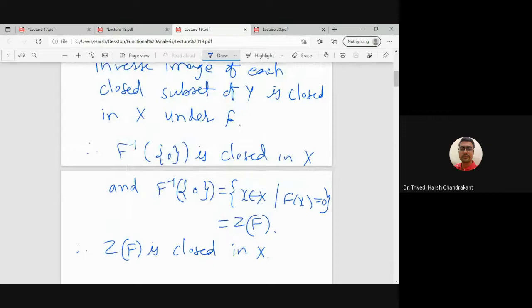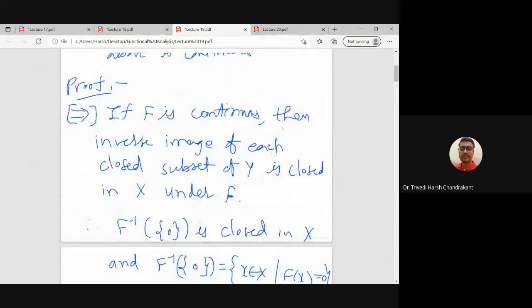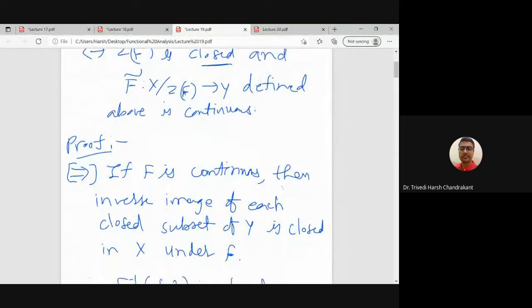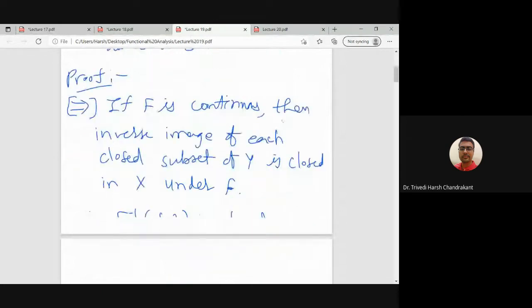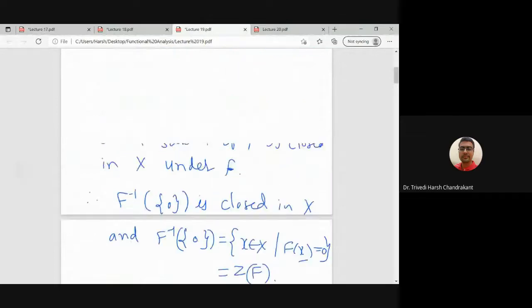Take a sequence xn such that f(xn) is 0 and xn converges to x; we can prove that f(x) is also 0. Because f is continuous, whenever xn converges to x, f(xn) converges to f(x). So the kernel is closed because f is continuous.